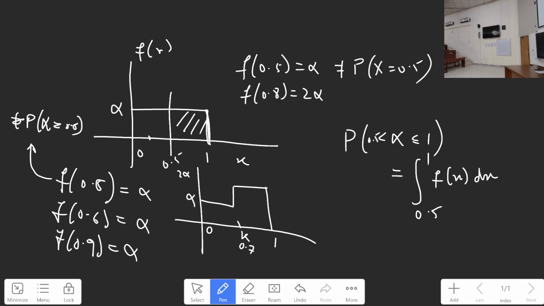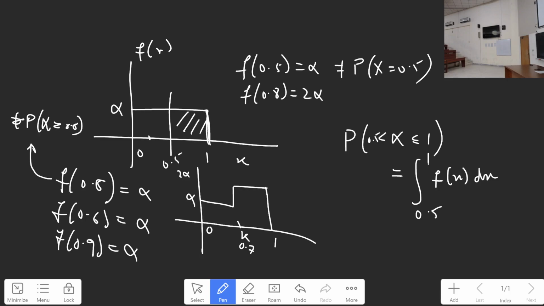Yes. So essentially what we will do from now on is this. We'll say, okay, we are going to define a density function that spreads the relative likelihood over a continuous range, and instead of calling it mass function, we will call it density function, and it can help us find probabilities in different ranges. So the probability that x is between 0.5 and 1 should be represented by the area there.